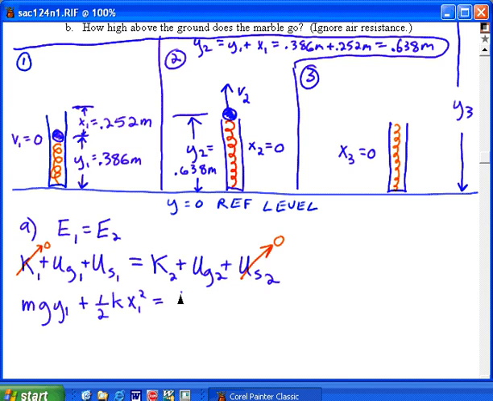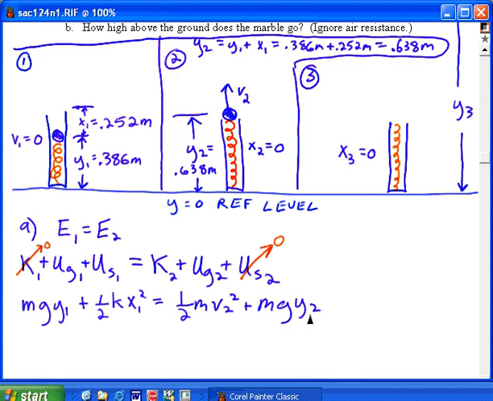That's all equal to kinetic energy in picture number 2, 1/2 mv2 squared, plus gravitational potential energy in picture number 2. Okay, and we're solving for v2 here, so now it's just a question of doing some algebra.